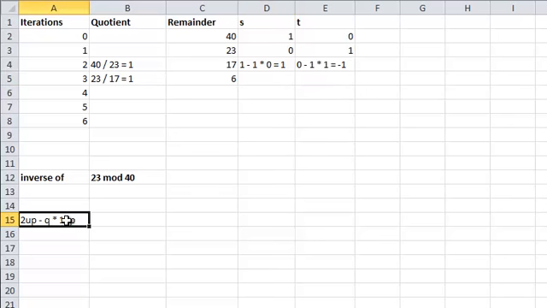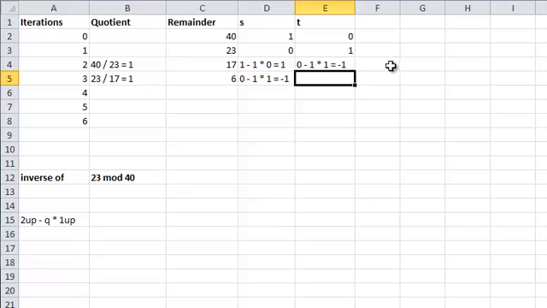So now, if we look at our little formula down here, 2 up minus q times 1 up, we go 2 up, so we have 0 minus our quotient, which is 1, and then multiplied by 1 up, which is 1. So we're going to end up with negative 1, just because negative 1 times 1 is negative 1, so 0 minus 1 is obviously negative 1.